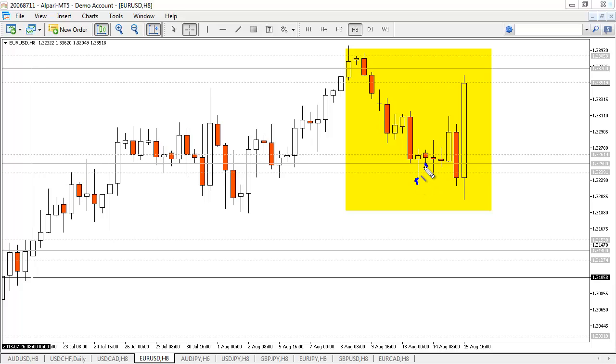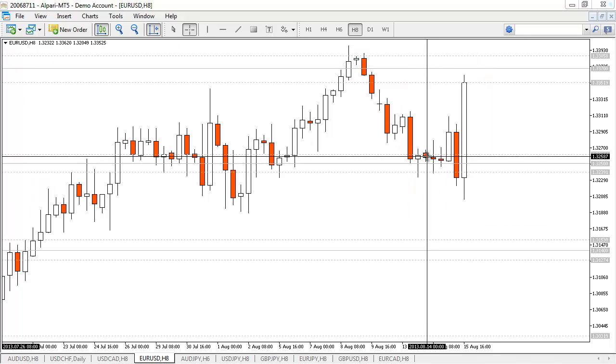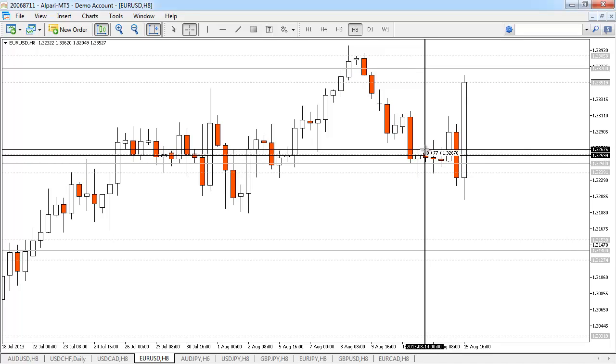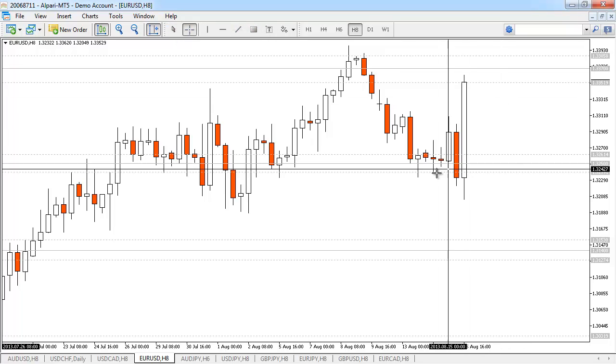So we got 1, 2, 3, 4 indecision candles in this case, and the entry for this one wasn't at the top of the indecision candle because it was only 7 pips. It was a little close, so the entry was roughly here.